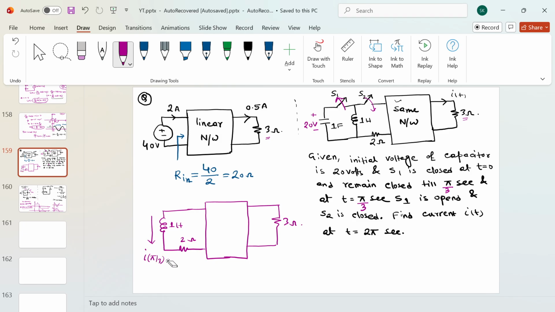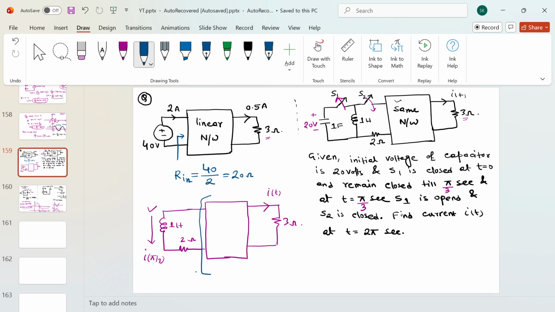Because of this current, you will get some current here also. But if I consider only t equal to pi seconds, no current will flow, and you will not get the flavor of this particular question. So I just changed the time instant here.